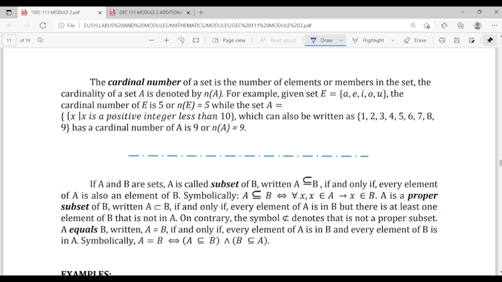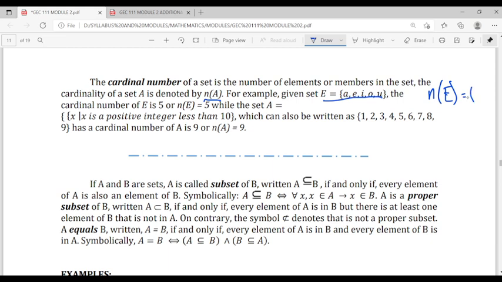Cardinal number is the number of elements or members. We just count how many elements there are, which is the cardinal number, denoted by n of A. For example, we have this set E: A, E, I, O, U. What is the cardinal number of our set E?